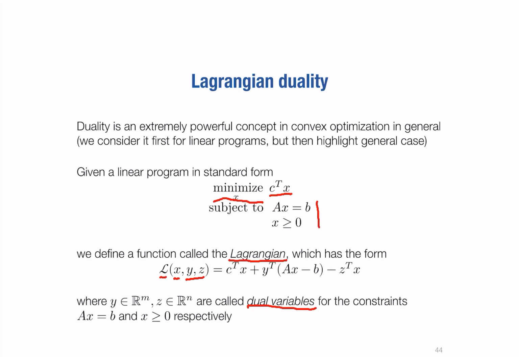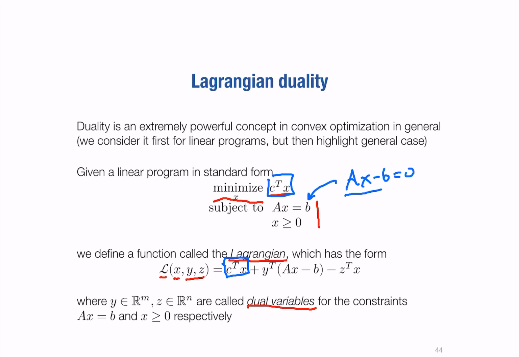The Lagrangian contains the objective term, which is the same as this term here. But it also contains two more terms, one corresponding to each constraint in our linear program. If we take this term here, we're actually going to think of writing it as Ax minus b equals 0.